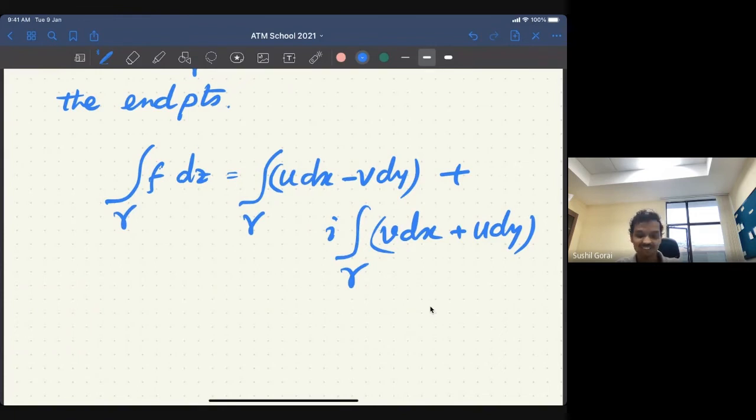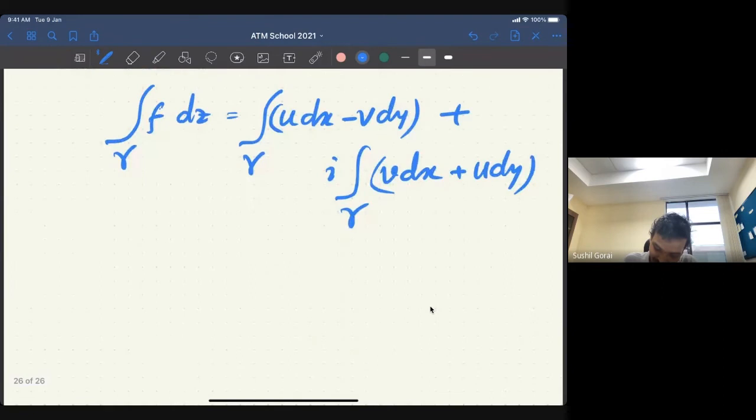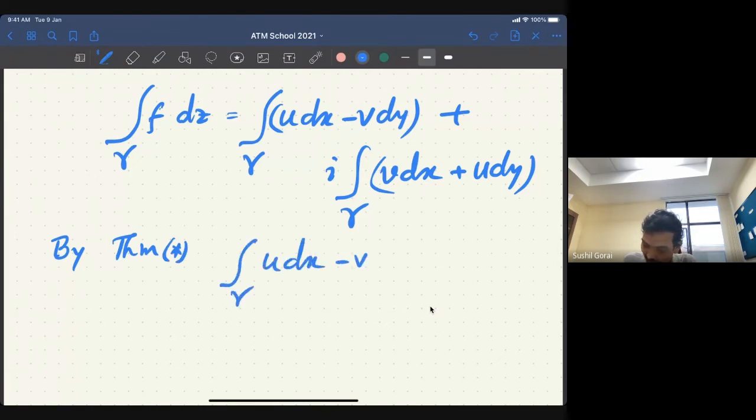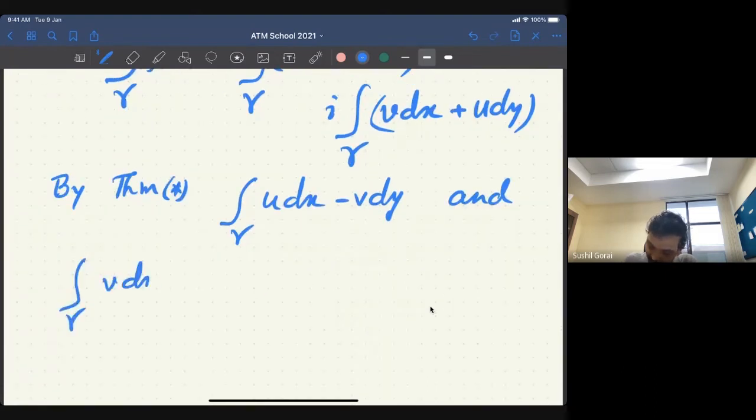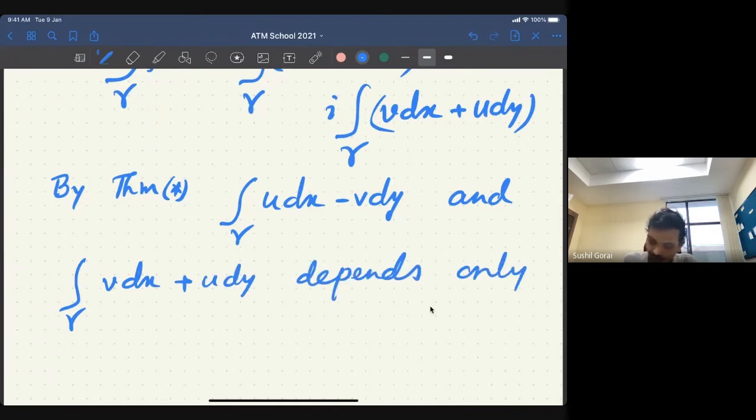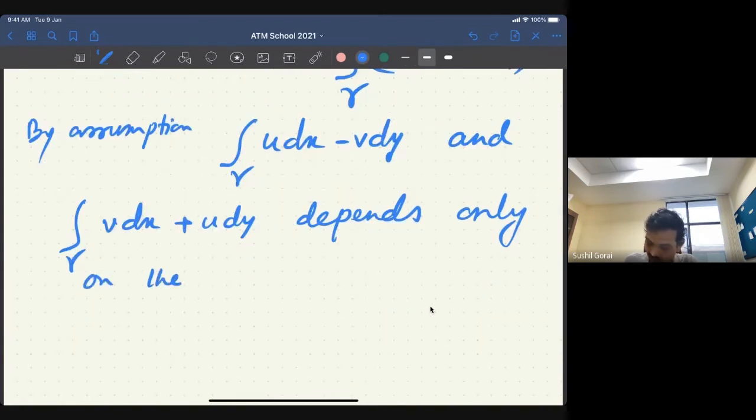So this is by assumption: the integral over gamma of u dx minus v dy and the integral over gamma of v dx plus u dy depend only on the endpoints of gamma, right?